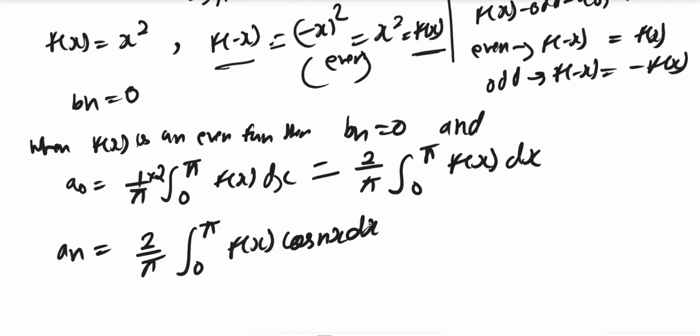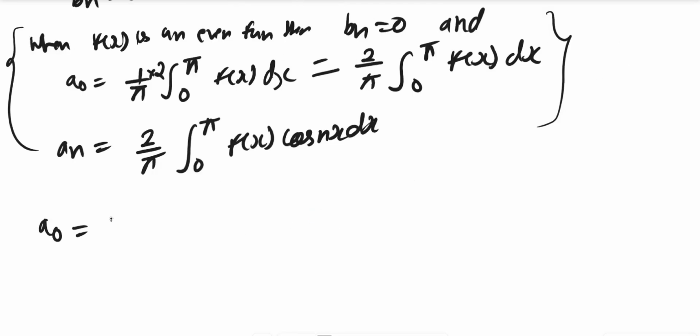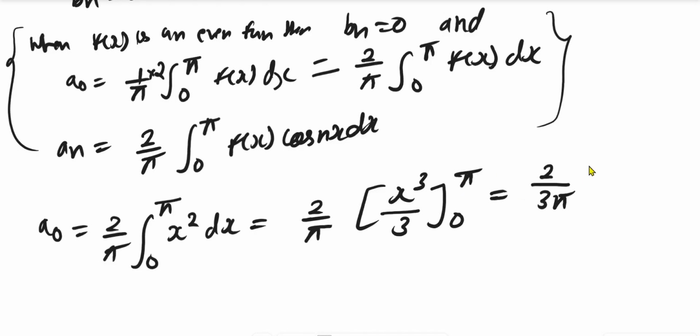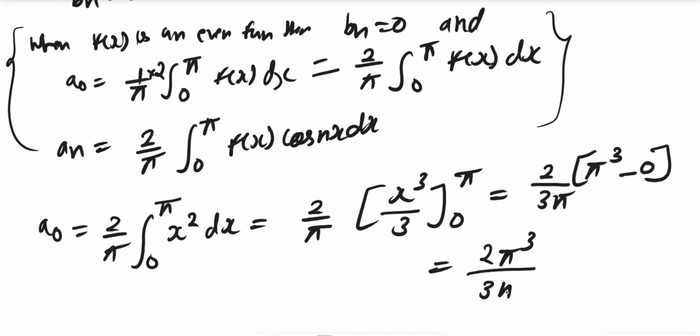So a naught is equal to 2 upon pi integration 0 to pi f(x), which is x square, dx, which becomes 2 upon pi, x raised to the power 3 divided by 3, with limits from 0 to pi, which is equal to 2 upon 3 pi, putting the limits, pi raised to the power 3 minus 0, which is equal to 2 pi raised to the power 3 divided by 3 pi.